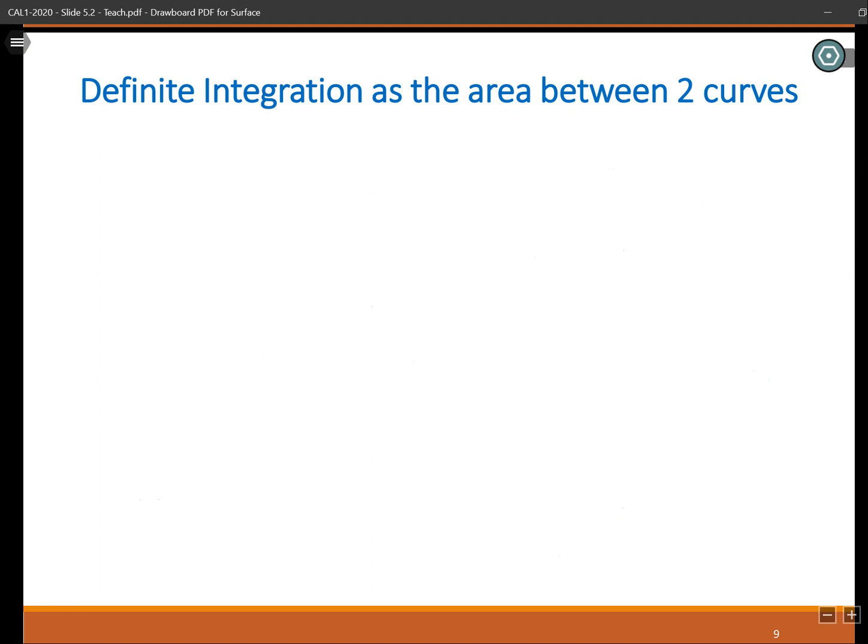This is about definite integration as the area between two curves. So this is going to be related to definite integration. Let's bring that back here. What we learned about definite integration is about integrating a certain function, but this is definite.